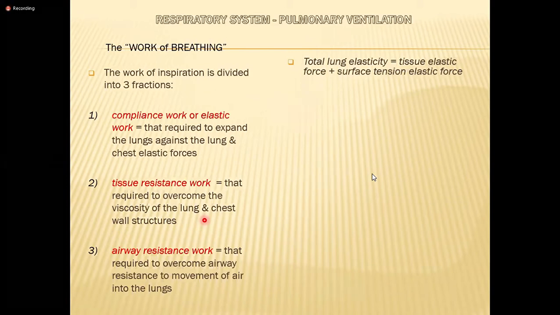When the air comes in from the outside, it encounters resistance because remember, you have branches of your bronchi, your bronchioles, and then up to the alveolar area. So you encounter resistance during those branchings because the tube is not straight, okay? So you have to overcome that resistance. That is your airway resistance work.